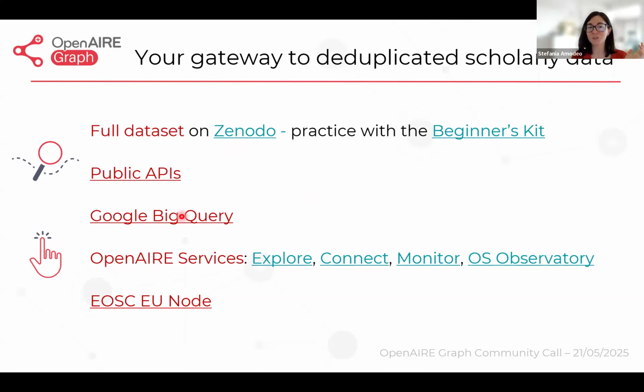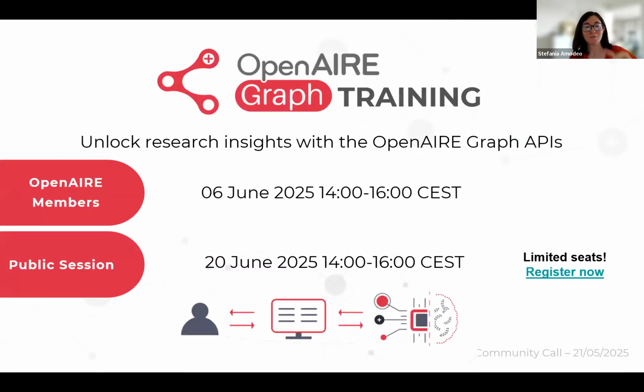One of the last was about the Google BigQuery, and if you follow these links, you'll get to the relevant resources. We had one months ago on the EOSC node, others showing how we use the graph in the OpenAIRE services, etc. Now is the time, if you're interested, to come to our training for the OpenAIRE Graph APIs.